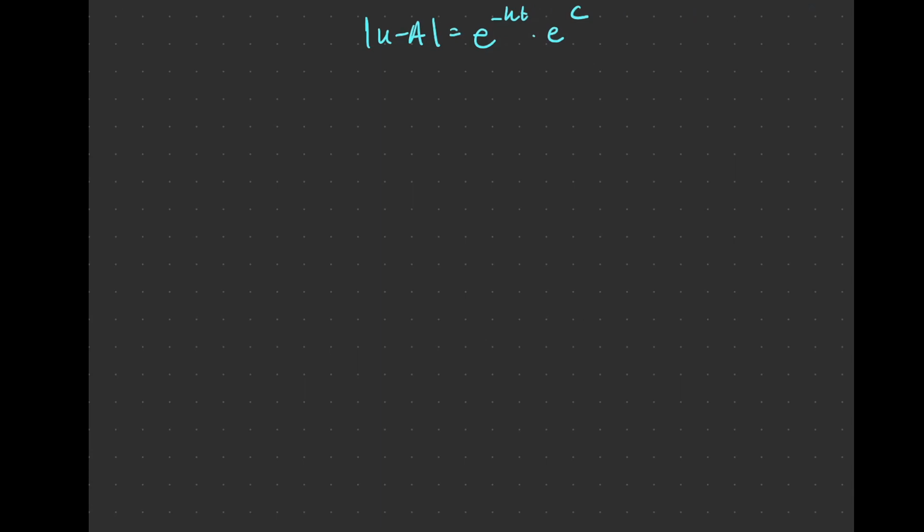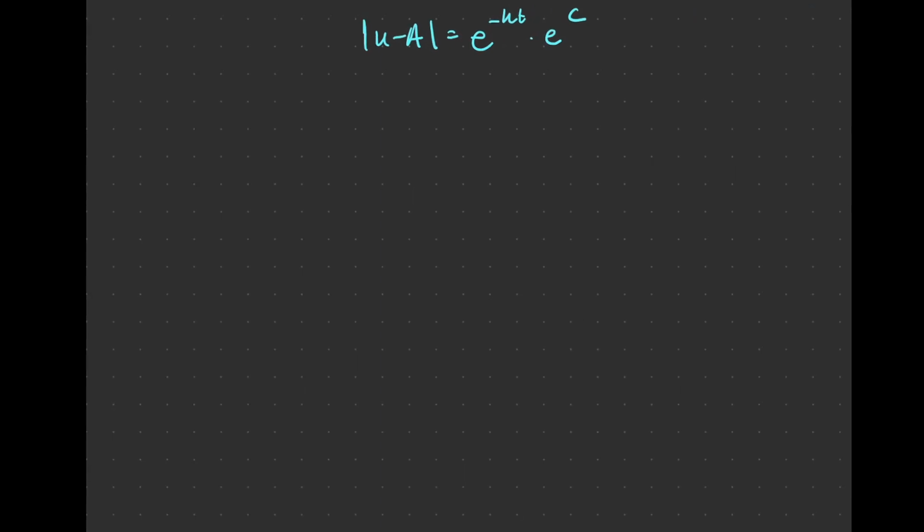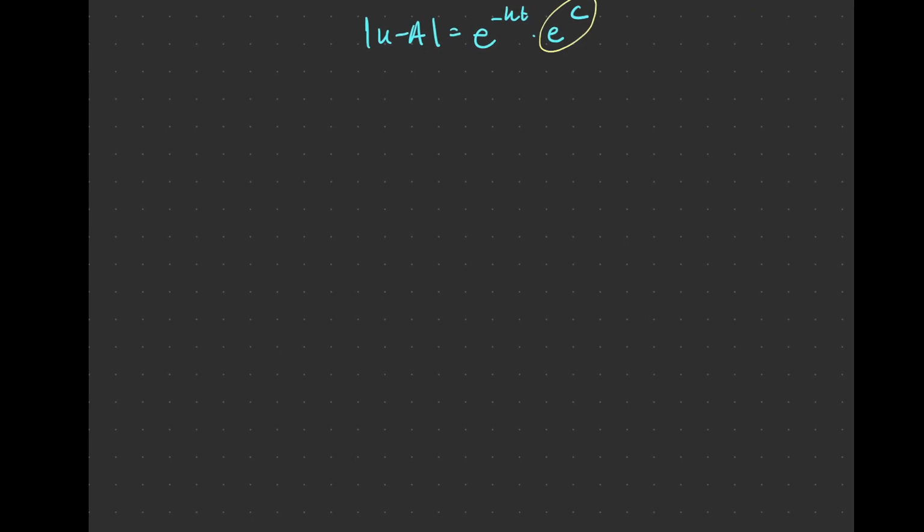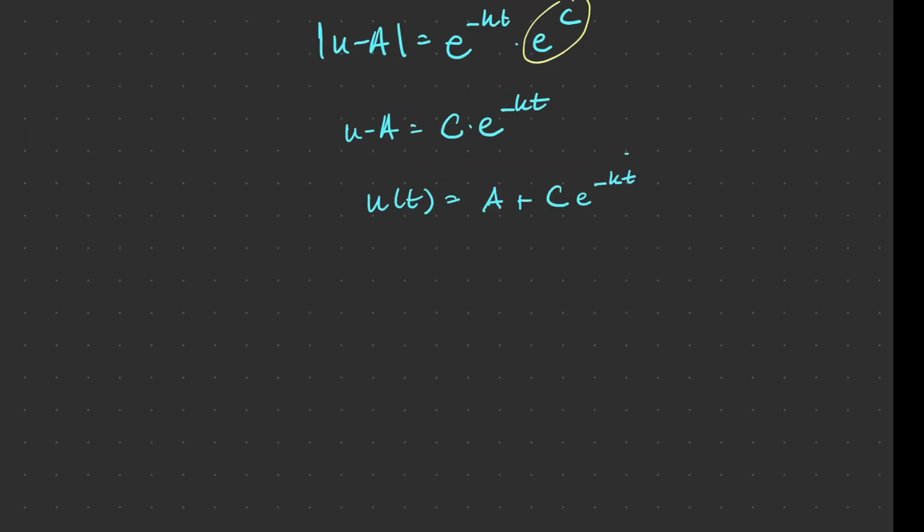Similar logic as before, we can drop the absolute value and just call this a constant that can now be positive or negative. And then we can add a to both sides. So u of t is really a plus c e to the minus kt. So this is the general solution, and we'll unpack this in a moment.